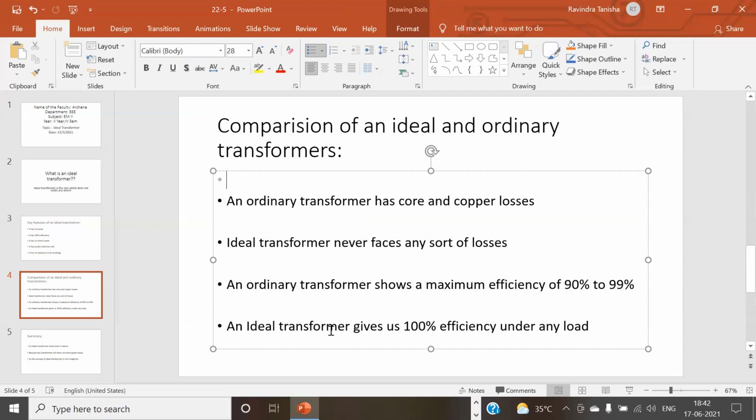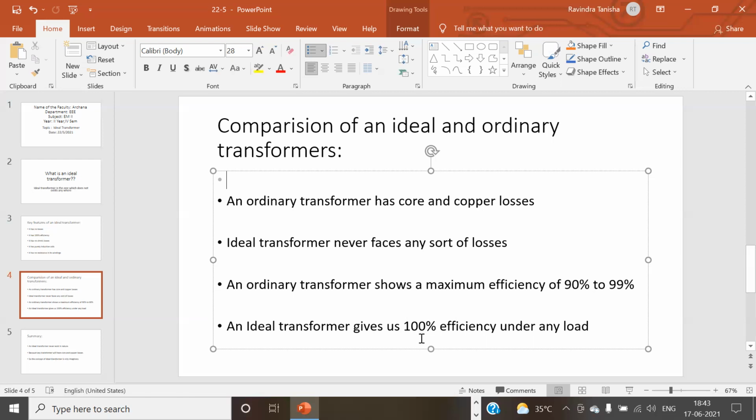But an ideal transformer is the one giving us 100% efficiency under any load, at any power factor, which is truly not possible. This is truly impossible. That's why the ideal transformer is the role model for any conventional transformer. It is something which is not possible in practice.